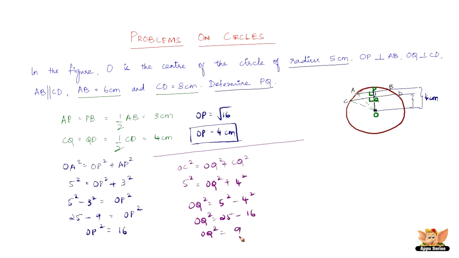OQ square equals 9, or OQ equals square root of 9. OQ equals 3 centimeters. So here we are. This is equal to 3 centimeters. So 4 centimeters minus 3 centimeters is 1 centimeter, and therefore PQ equals 1 centimeter.